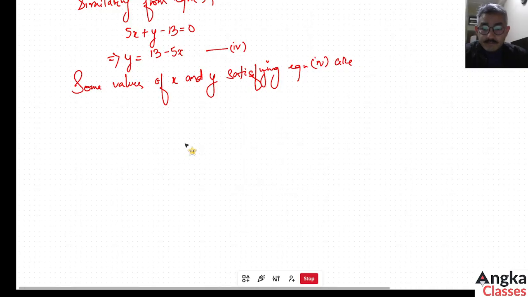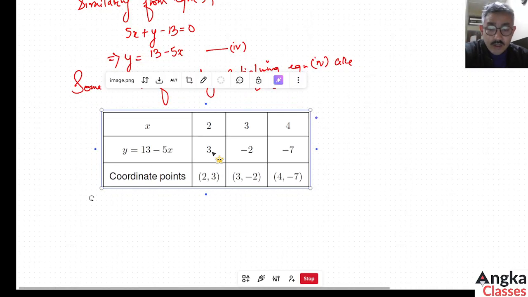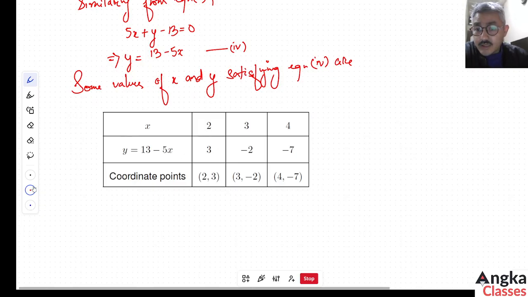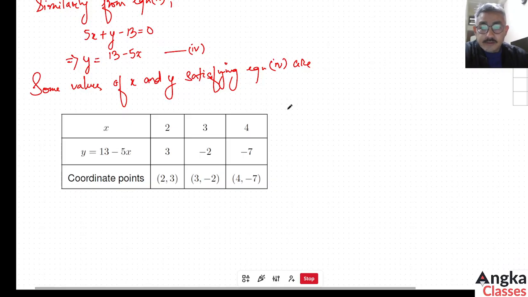Okay, so this is the table for the equation. When x is 2, y is equal to 13 minus 5x, so 13 minus 5 into 2, so we have 13 minus 10, which is equal to 3.